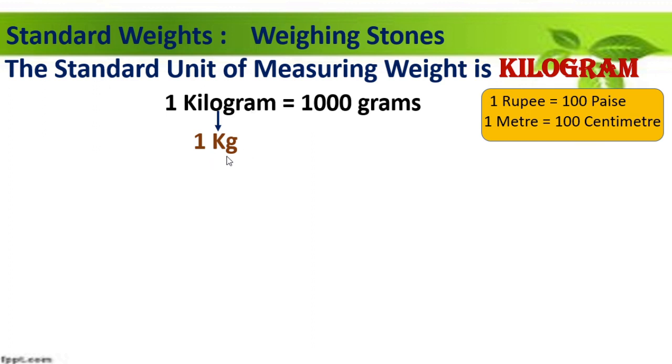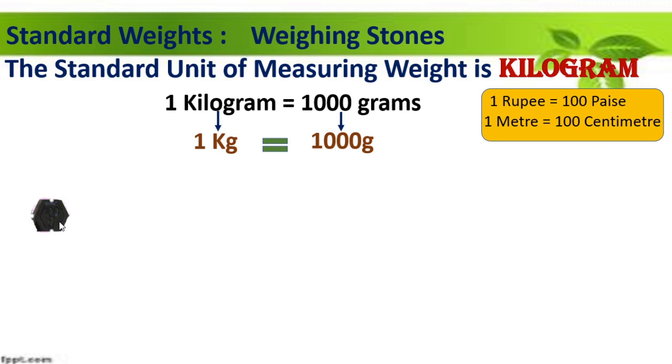Kilogram we write as 1 kg. And 1000 grams is written as 1000 g. The short form of grams is g. Sometimes we write gm too. Okay, remember this.